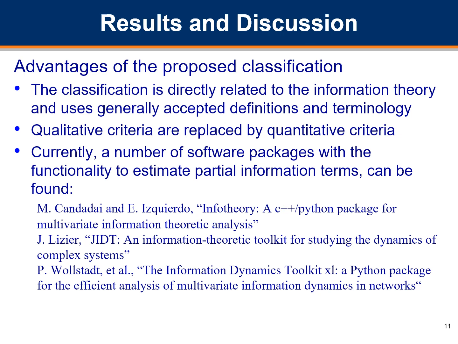In addition to ensuring objectivity, this allows for direct comparison and evaluation of different sensor configurations. Currently, a number of software packages with the functionality to estimate partial information terms can be found. Numerical methods in them can be used to create a real procedure for sensor configuration classification.